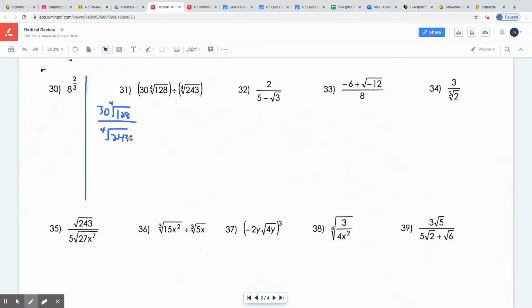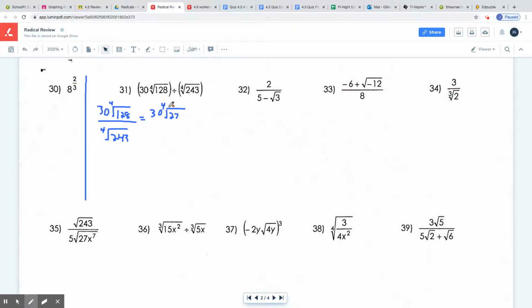Now, we probably should simplify these first to make this a little bit easier for ourselves. So 128, if you broke that down, actually turns into 2 to the 7th power, because it's 64 times 2. 64 is 2 to the 6.